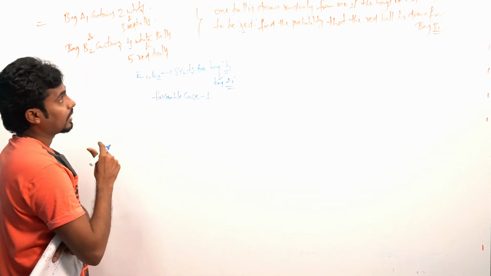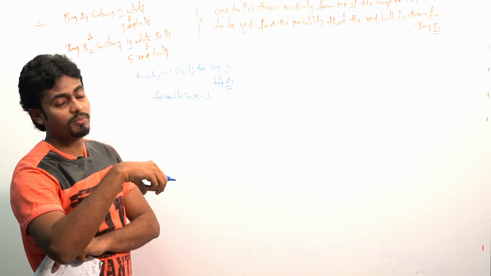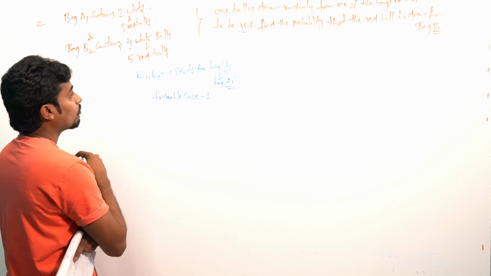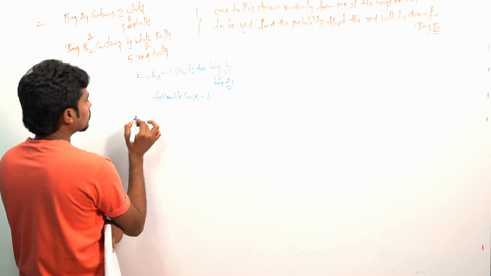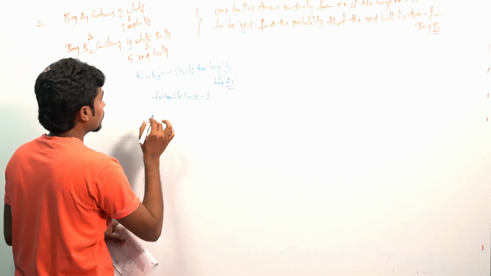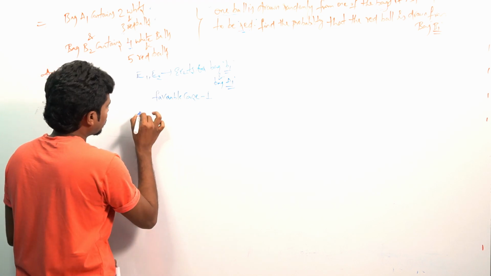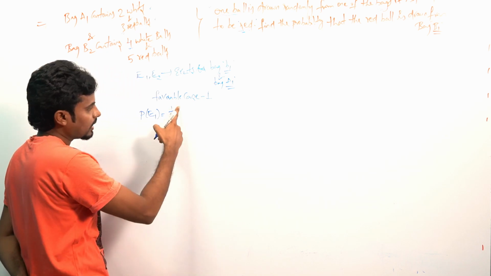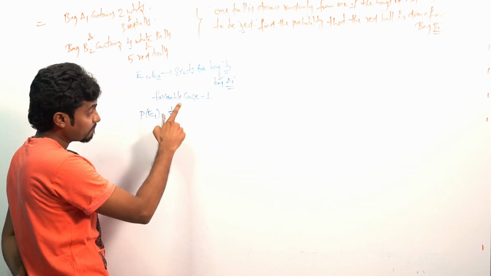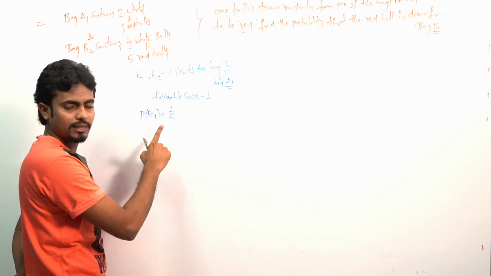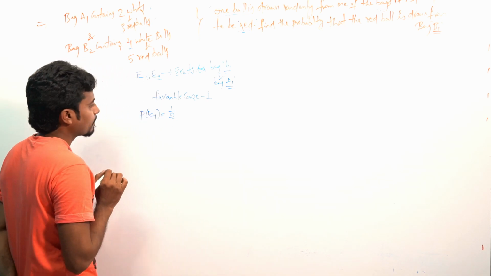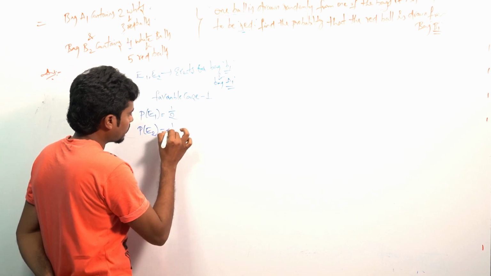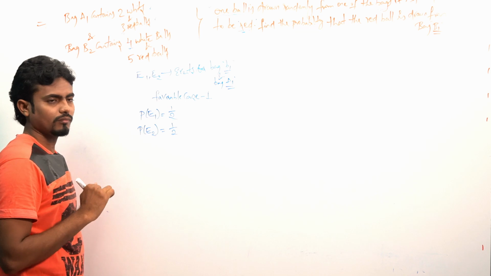That means if I pick one ball from one of the bags, the probability is 1 divided by 2. So P of E1 is 1 divided by 2, and P of E2 is also 1 divided by 2.